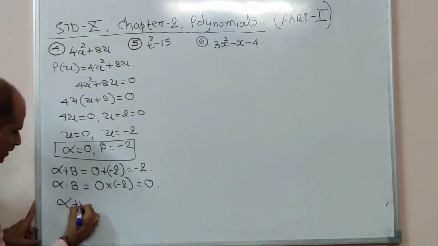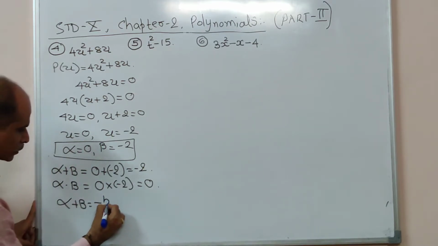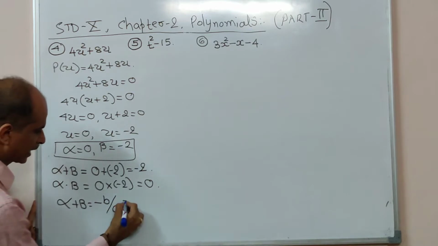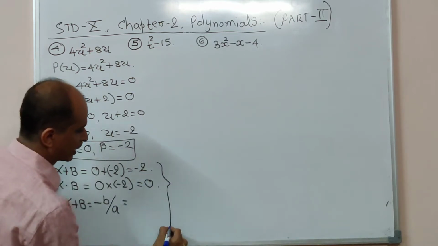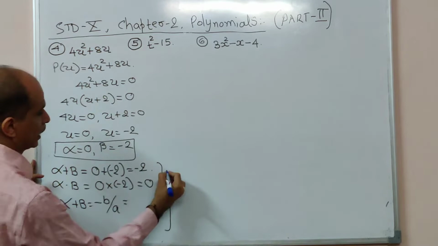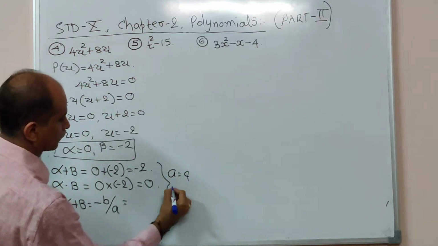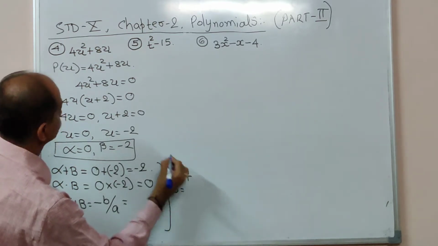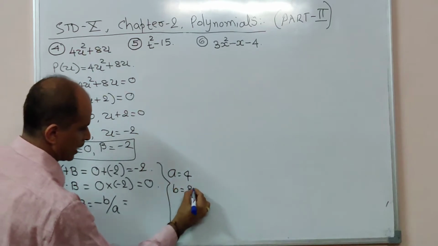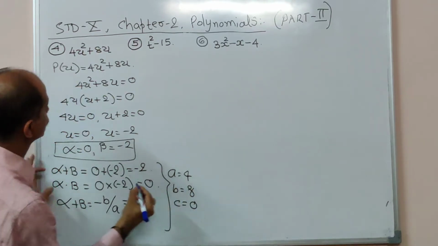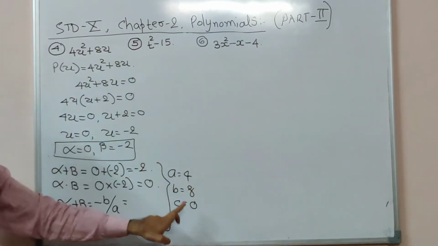So alpha plus beta, according to the formula, is minus b by a. First of all, let me find b and a. So a means 4, b means 8, and the constant coefficient is not given in this polynomial, and that's why it is 0.